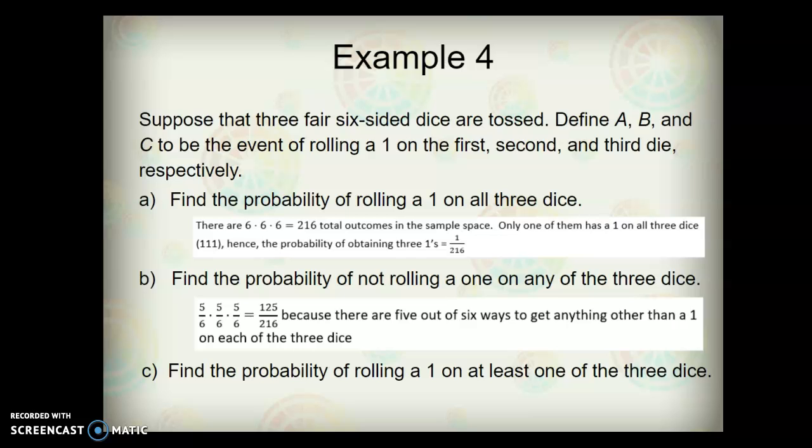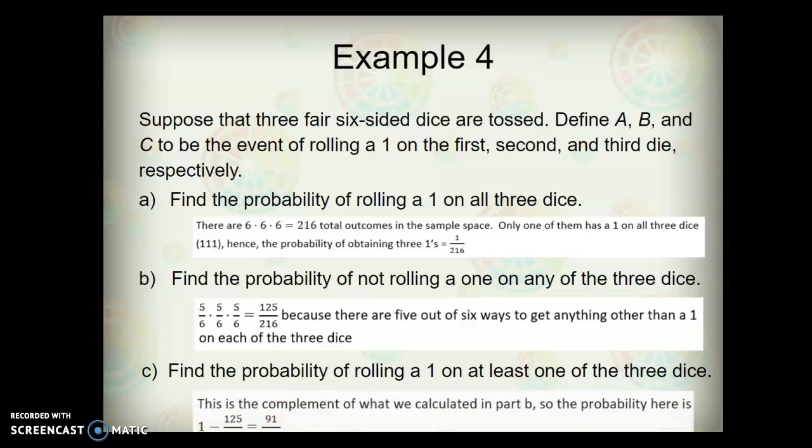Well, the probability of not rolling a 1 on any of the 3 dice was 5/6 times 5/6 times 5/6. So the complement of that would be 1 minus the probability that we previously computed in part B. So it'd be 1 minus 125 over 216, which is 91 over 216.